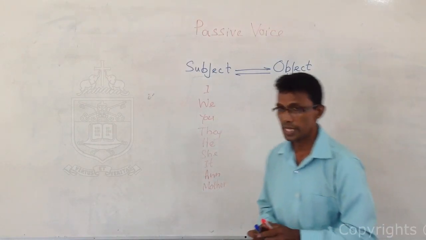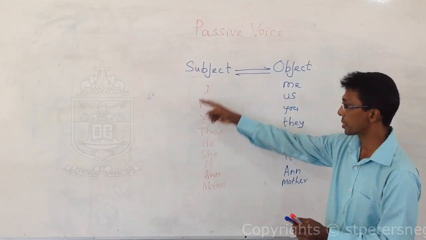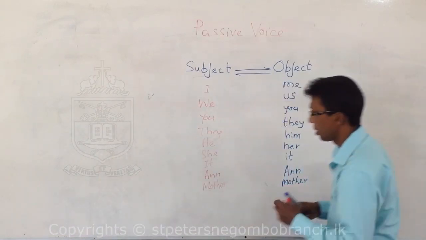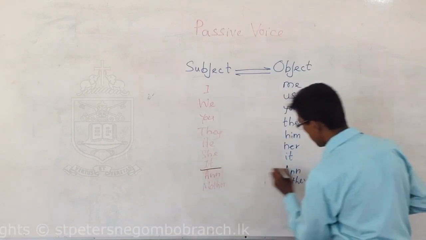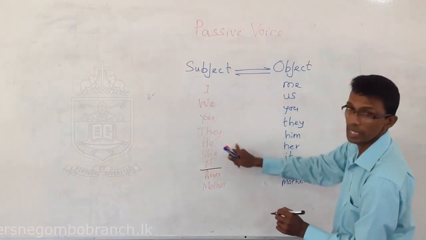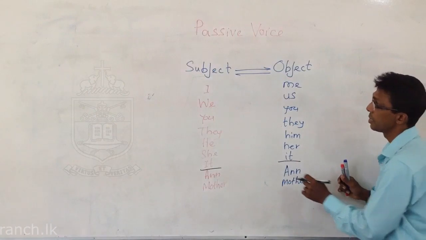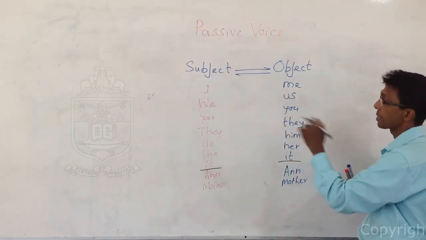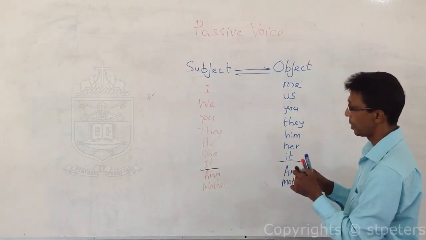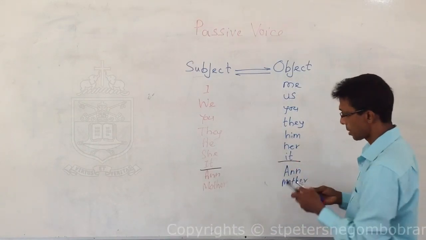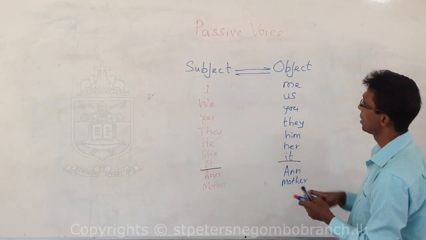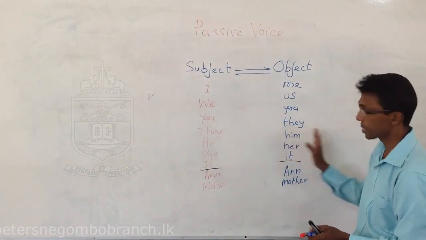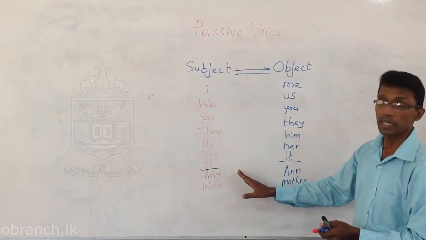Right, okay. When I said subjects, only the pronouns are given here up to here. These pronouns change from subject to object in active to passive. When you turn from active to passive, the subjects change this way, but only the pronouns change; all other subjects won't change.